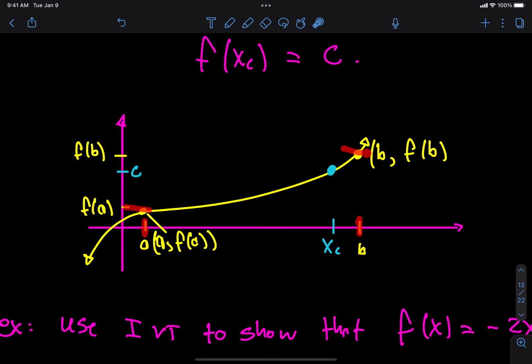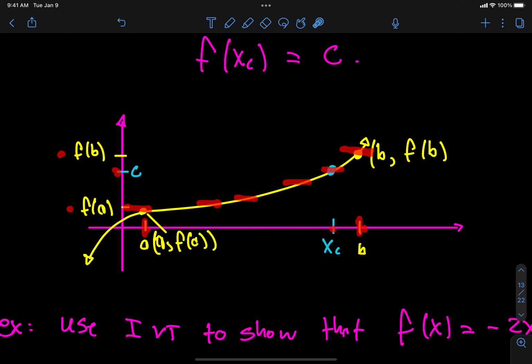am flying an airplane at this height, then for every height which is between these two heights, right? For every c which is in between the height at the start and the height at the end, then I must have a corresponding time in between my starting time and my ending time, such that I was flying an airplane at that height, or at this height, or at this height, or at this height, right?